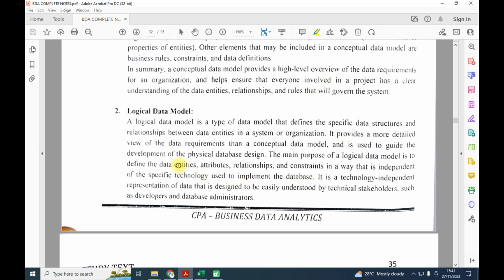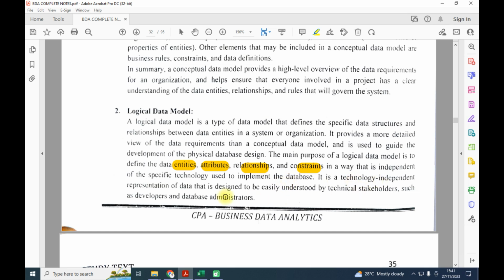So the key is this, that we are talking about the entities, the attributes, the relationships, and the constraints. Those are the key things we are talking about here, and the way they are related, in a way that is independent of the specific technology used to implement the database.